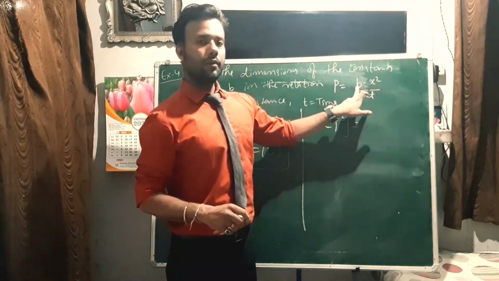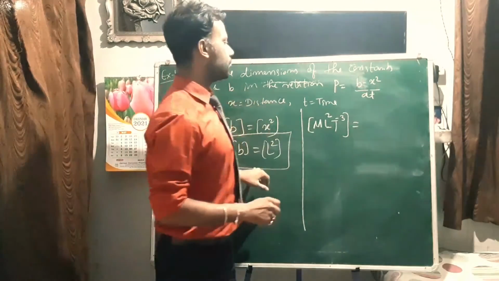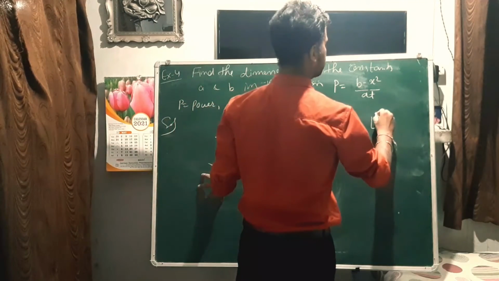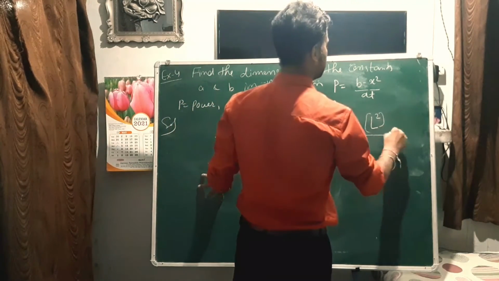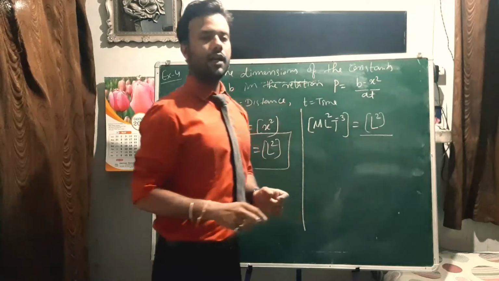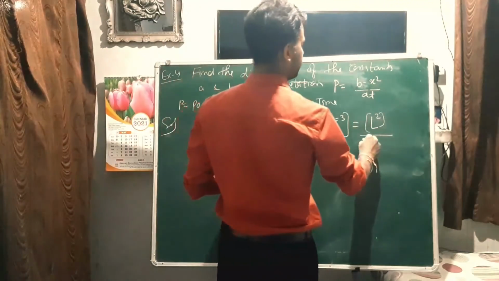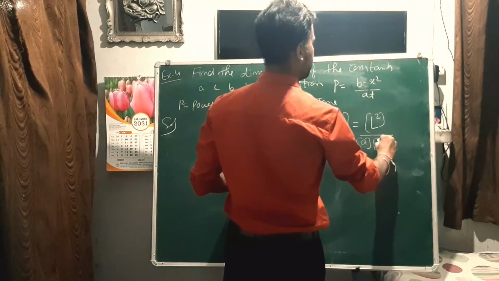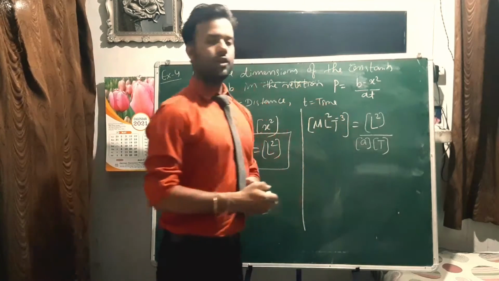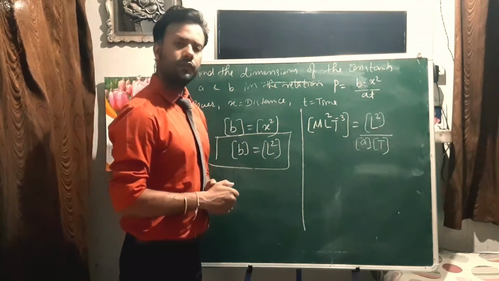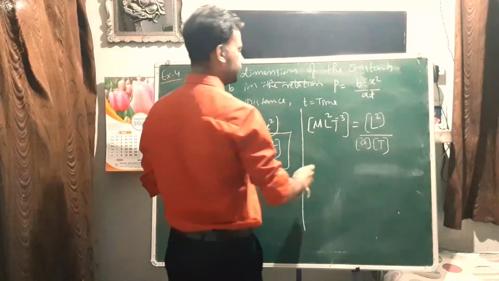The dimension of the numerator was L square, and in the denominator a t, we have to find the dimension of a, and t is time. Now it's simple, we can find the value of a here.